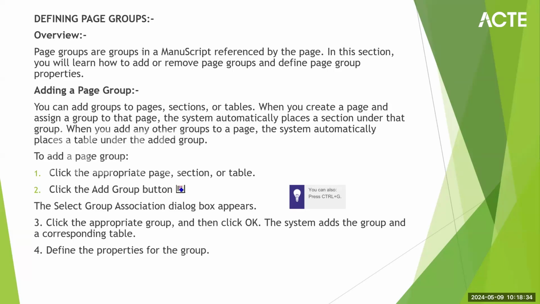So whatever group you add here, a section will be created below it by default in the manuscript. If you don't want the fields displayed in the section and you want that group in table format, then you can convert the section into a table and add your respective fields, or delete it and add the table manually.